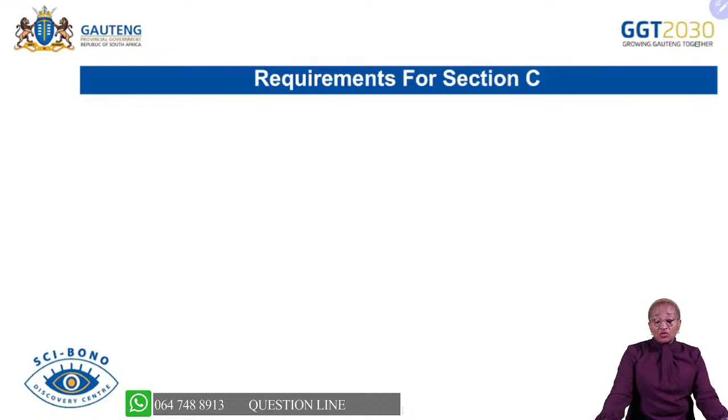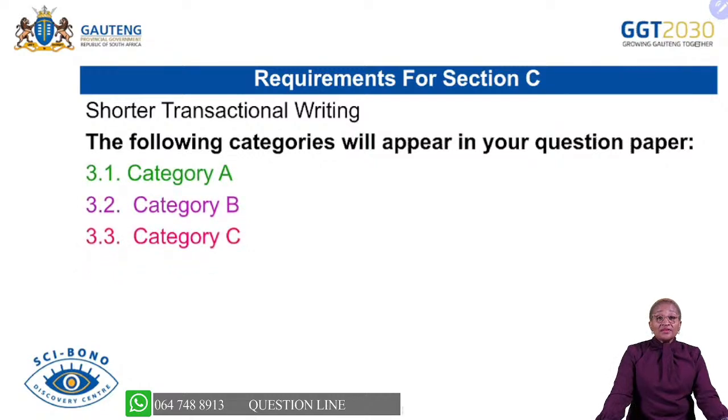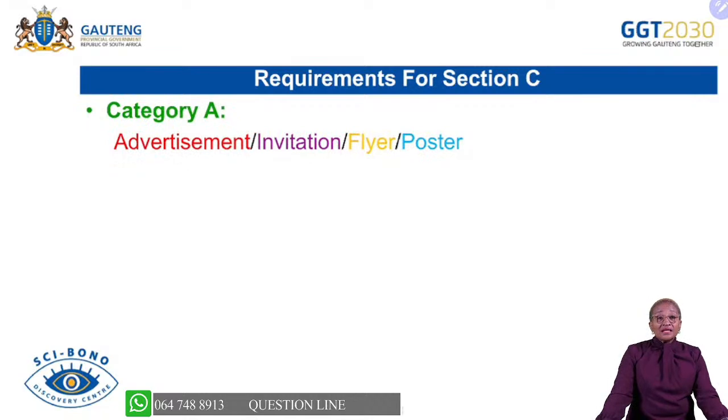Let's quickly have a look at the requirements. The following categories will appear in your question paper. We will have category A, category B, as well as category C. What does category A entail? In category A, we have the following. We've got an advertisement.